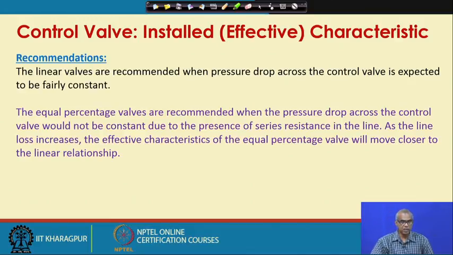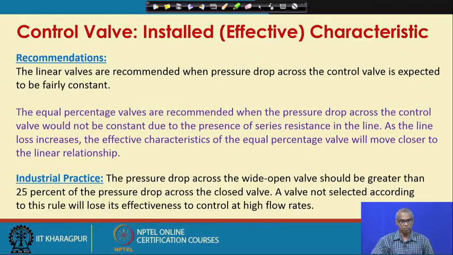As the line loss increases, the effective characteristic of the equal percentage valve will move closer to the linear relationship. Remember, a few slides back we discussed that the installed or effective characteristics of the equal percentage valve will also move upwards. That means, in actual practice it will be closer to the linear valve.